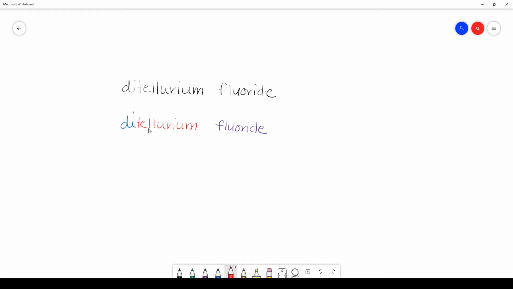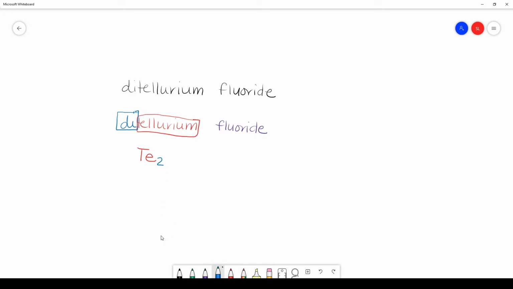So translating this, tellurium has the symbol Te. Oh, I forgot to highlight it. Has the symbol Te. Our prefix that goes with tellurium is di.